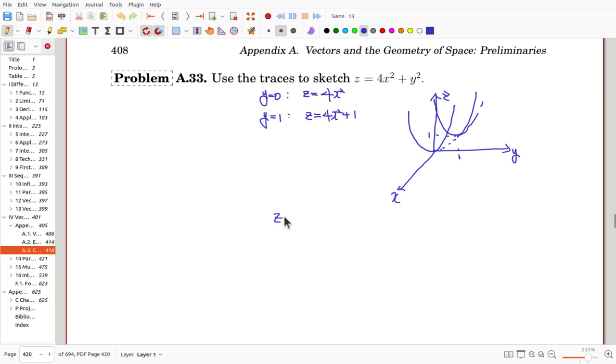Start with z equals 0, then the equation becomes 4x squared plus y squared equal 0, which is a circle on the xy plane, in fact an ellipse, but because it's 0, it must be a point. If z equals 1, then that is now 4x squared plus y squared equal 1, and so on.